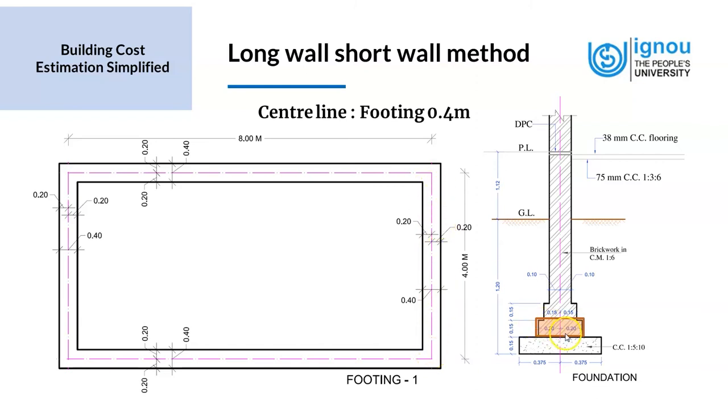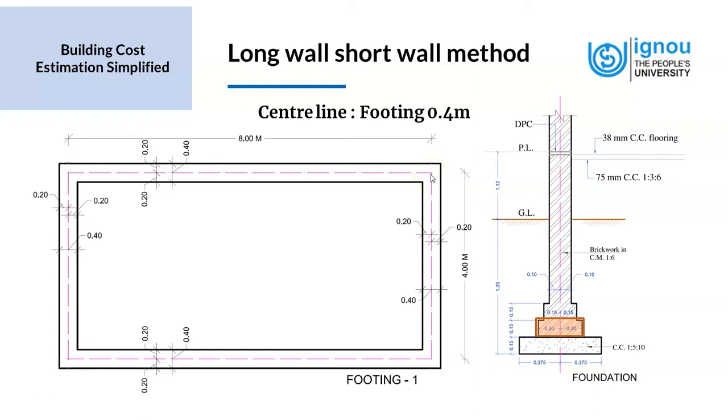And we have the width of the footing as 0.4 meters, which means it is equidistant from the center line, so it will be 0.2 meters on one side and 0.2 meters on the other side. Now, what is left for us to find out is the length of the long wall in the case of the first footing, the 0.4 meter width footing. For that, the center line is the same, which is 8 meters.